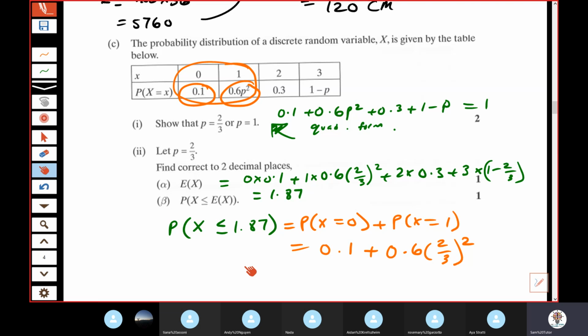Well, you can't get 1.87, it's going to be less than or equal to 1, technically, so 1 and 0. Does that make sense? Tiana, does that make sense? Yeah. Yep. Okay.